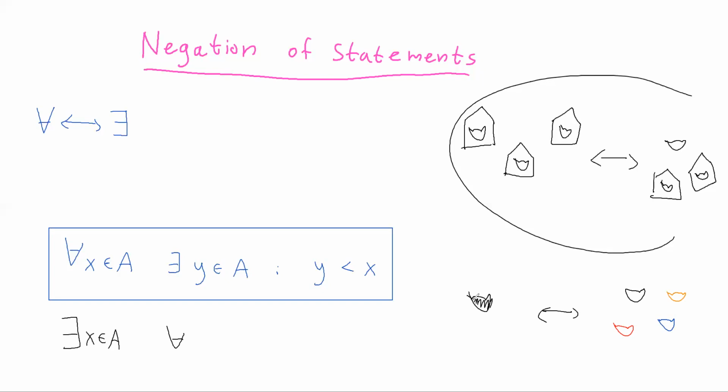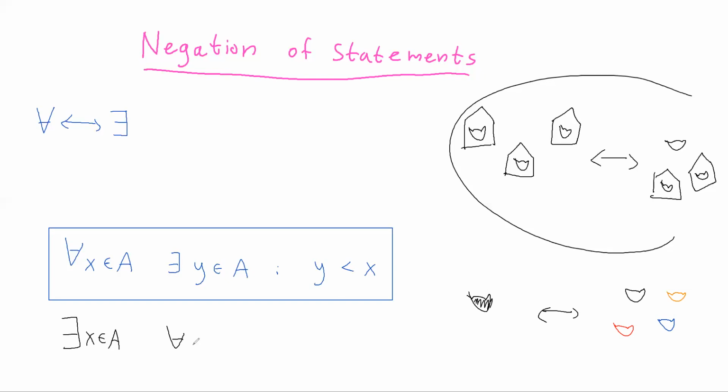So the opposite of one of them being black is all of them being not black. So in order to negate a statement of the form there exists something such that something, I need to say that for all something, the other something does not hold.